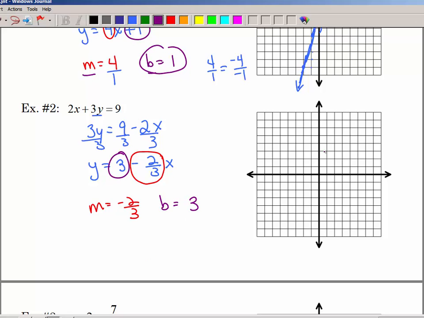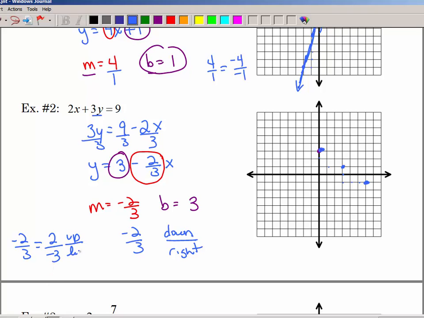So we have b that goes on the y-axis, which is right there, and then from b we have -2 over 3. So that means I'm going to go down and then I'm going to go to the right. So down 2 and to the right 3. Do it again. Now, you could reverse it, and remember -2 over 3 is the same as +2 over -3.